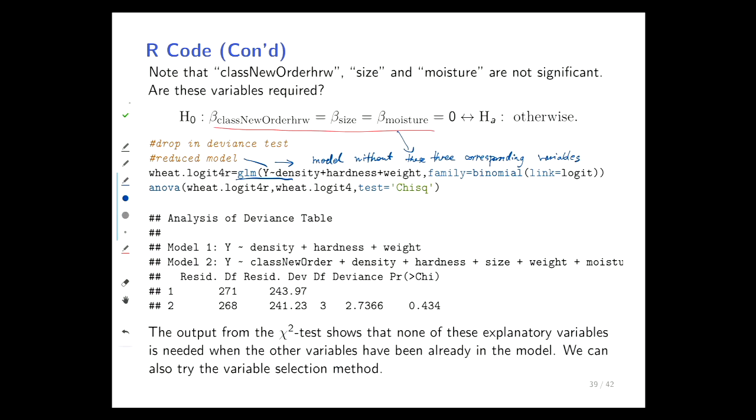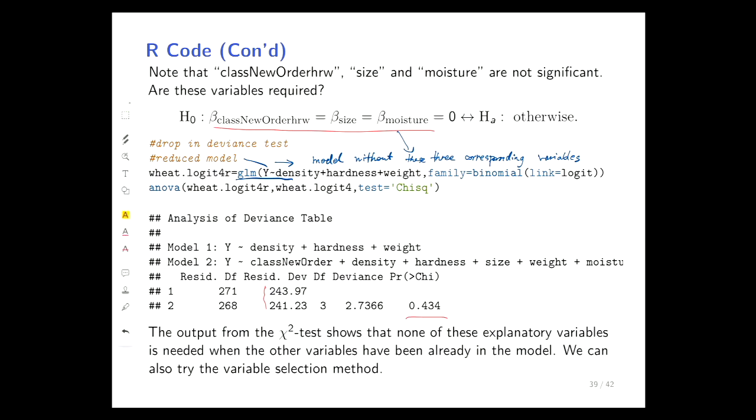What we can do here is compare the deviances of this reduced model and the full model, and then we can obtain our result. And we can find that by using this chi-square test, we actually have a p-value larger than 0.05. So that means none of these 3 variables is needed when the other variables have already been considered in the model. So that's from this summary output.